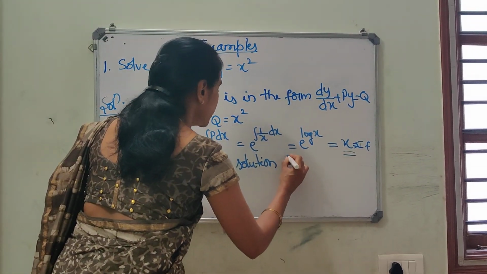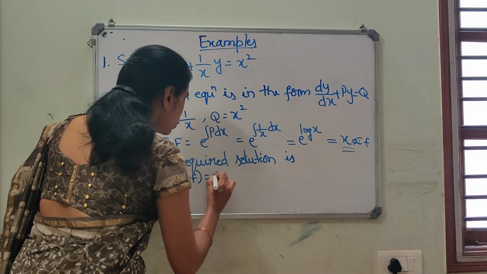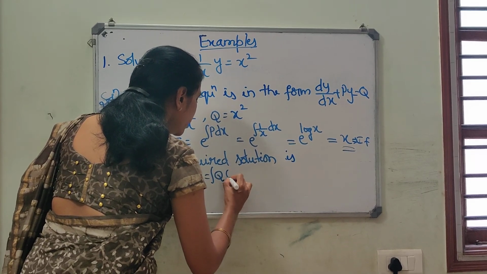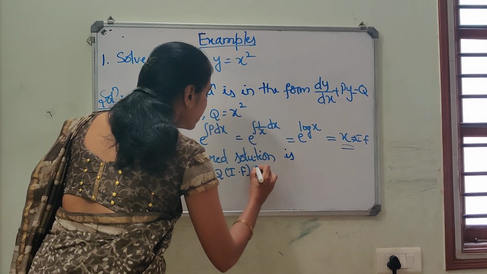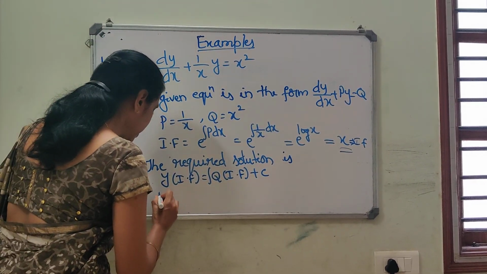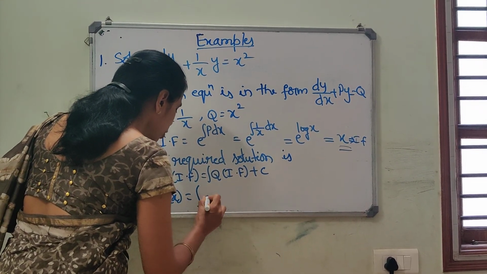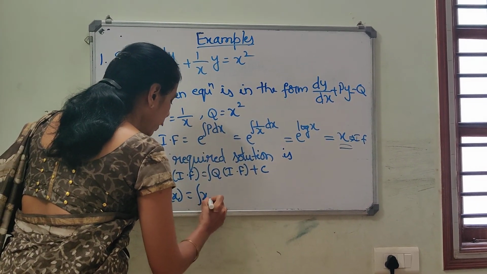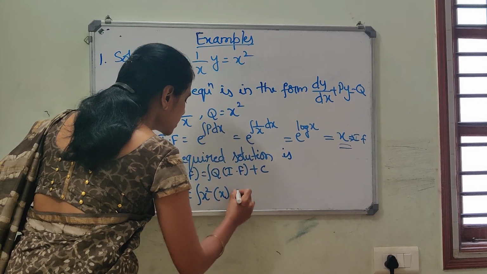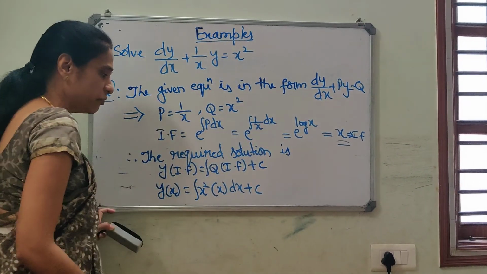The required solution is y into integrating factor is equal to integration of q into integrating factor plus the constant of integration. So just substitute your integrating factor here. Y into x is equal to integration of q, which here is x square, integrating factor is x, this has to be integrated with respect to x plus the constant of integration.